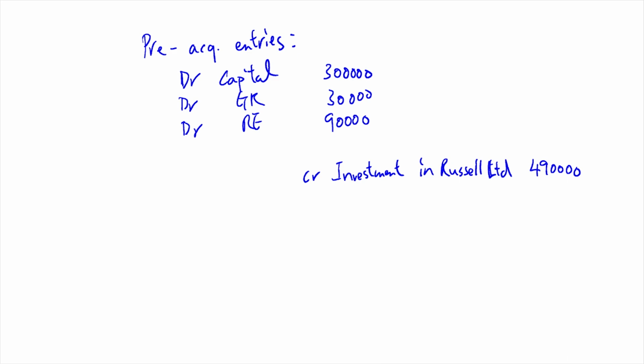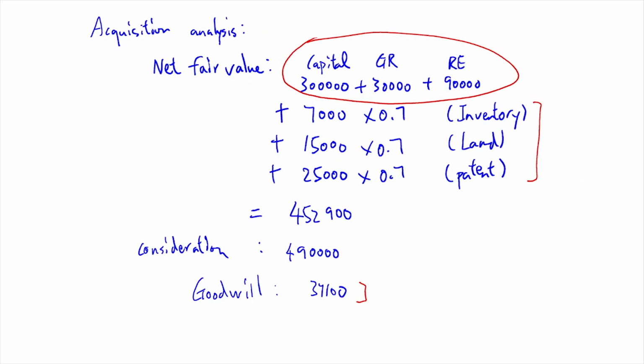But as you can see, that doesn't equal 490,000 because we also have revaluation as well. And with revaluation, you have to be quite careful with this one. If we go back to the acquisition analysis, what you can see is that we have inventory, land, patents, and goodwill.